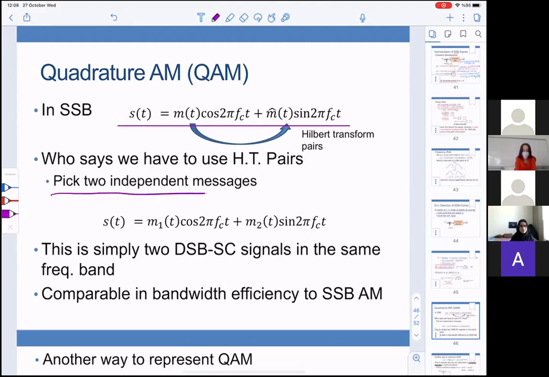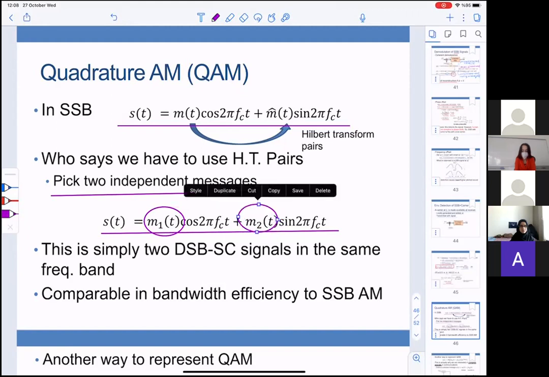We could pick 2 independent messages and multiply them with the quadrature carriers. So have m1 of t, one message, and m2 of t, another independent message, and use cosine as carrier for the first one and sine as the carrier for the second one. They will not mix because the cosine and the sine are orthogonal, and we will see when we try to demodulate that they will not mix.